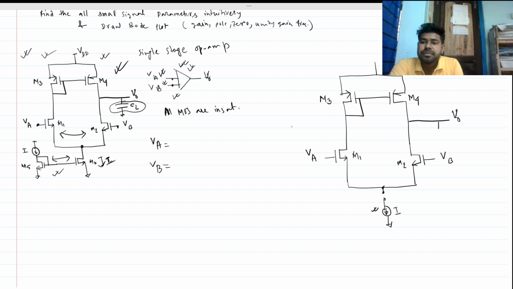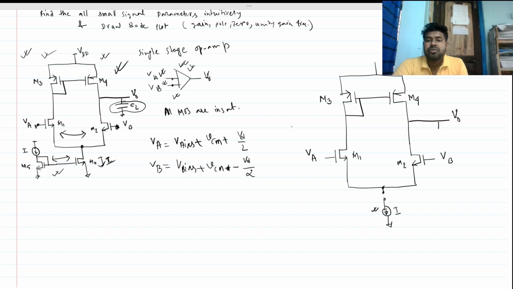We are forgetting about common mode signals and considering VA and VB as fully differential signals. So VA is V bias plus VCM plus VD by 2, and VB is V bias plus VCM minus VD by 2. These are the two signals at VA and VB.